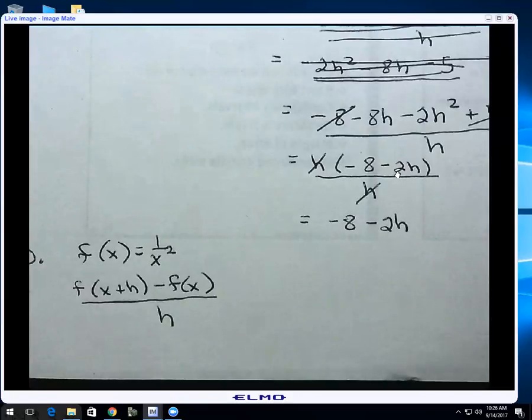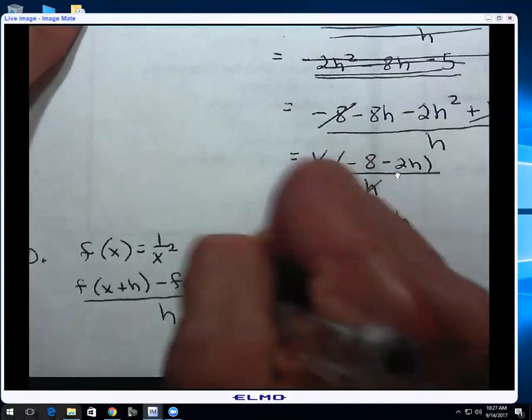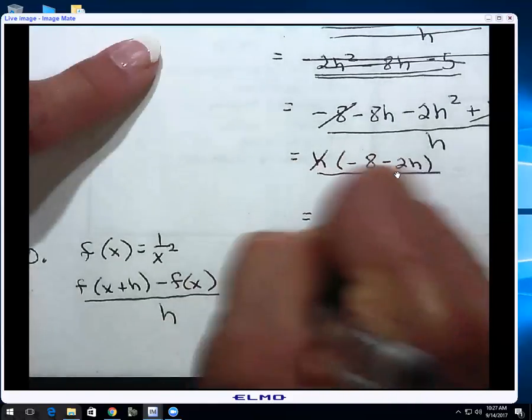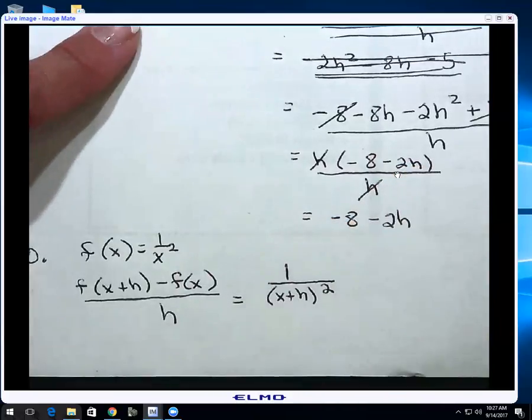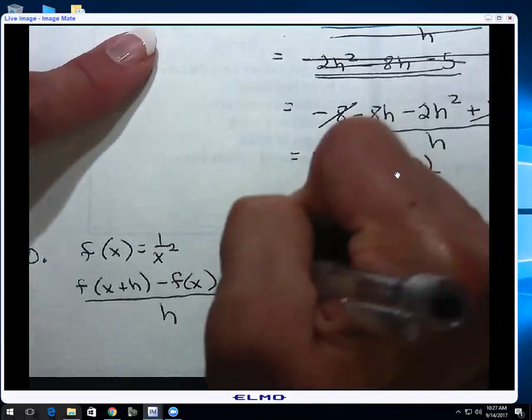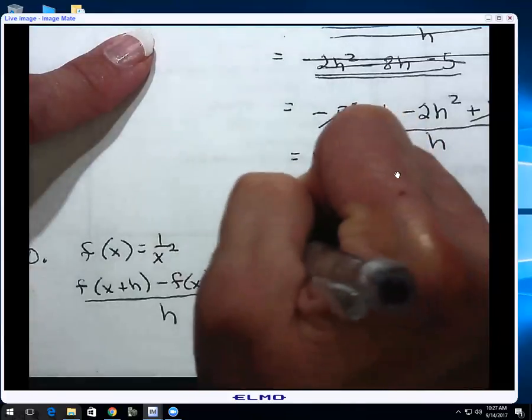Slightly different recipe. What does f of x plus h tell you to do? x plus h for x. Put x plus h in the place of x. Instead of 1 over x squared, we have 1 over x plus h squared. That is f of x plus h.